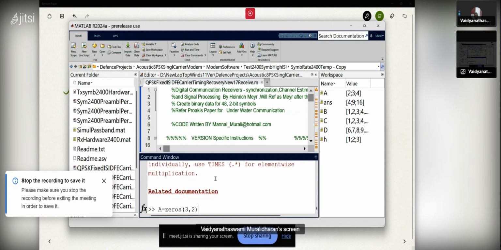If I end a line with a semicolon, it does not display that. Now I type A, I don't give a semicolon, just enter. A will be displayed. See, the matrix A has been initialized with 3 rows and 2 columns, all zeros actually. The zeros command initializes with zeros.